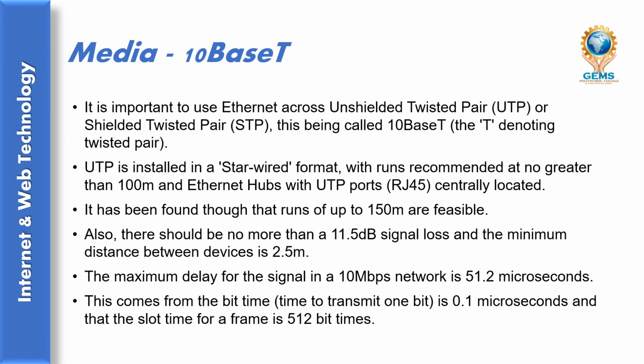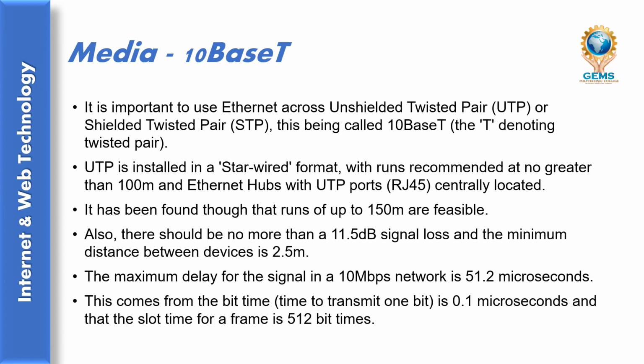Next one is 10BaseT. It is important to use Ethernet across unshielded twisted pair, that is UTP, or twisted pair, so this is called 10BaseT, denoting twisted pair.